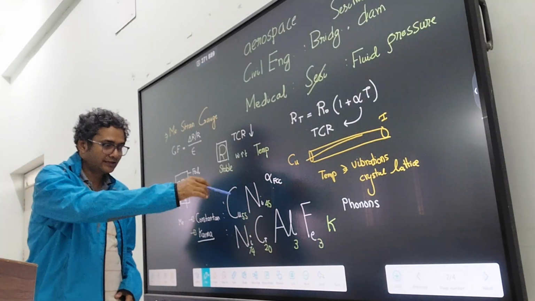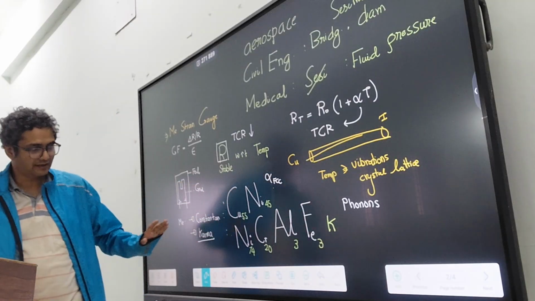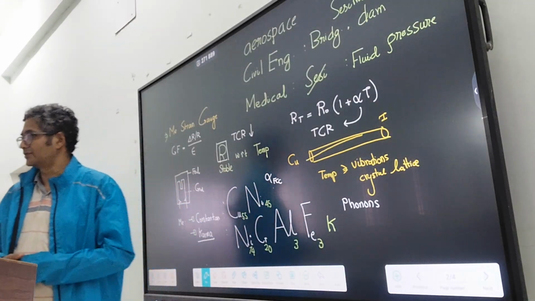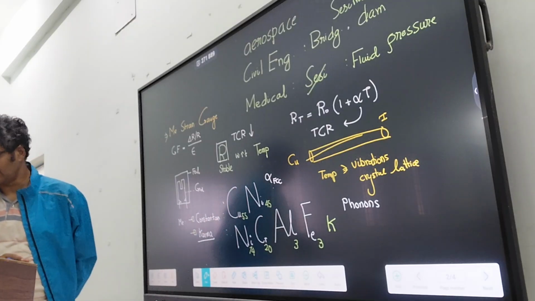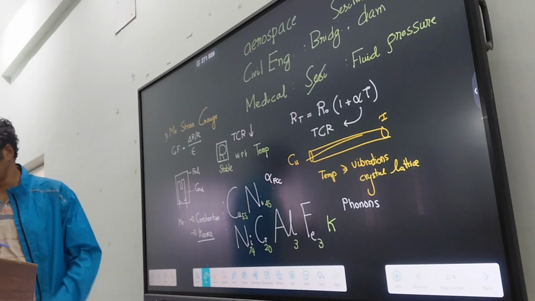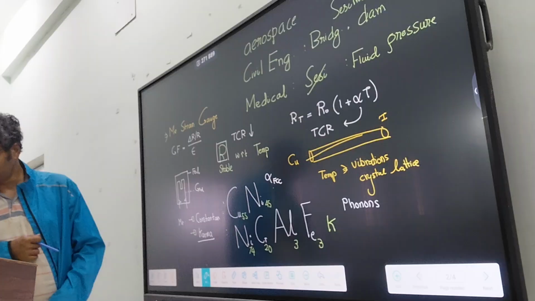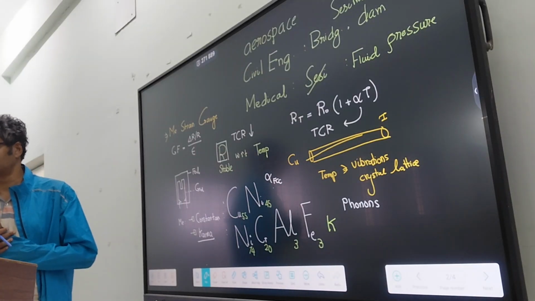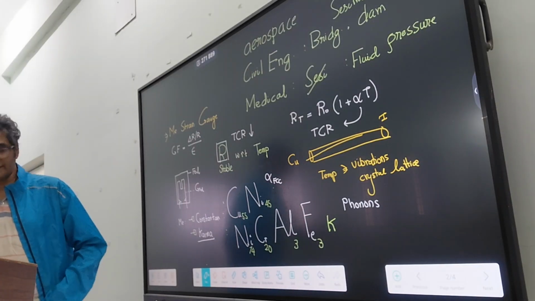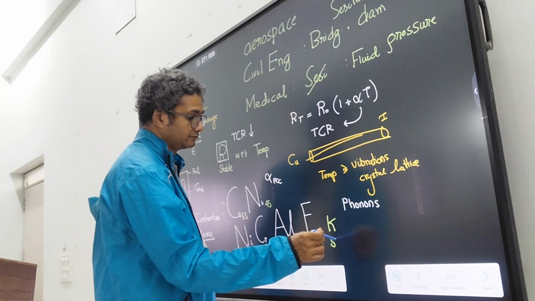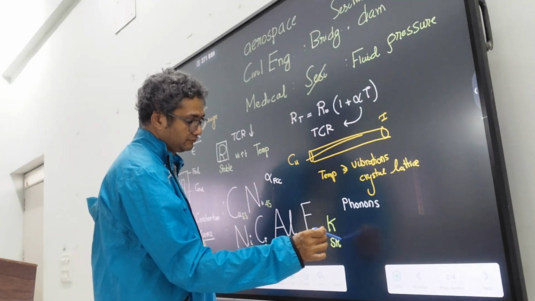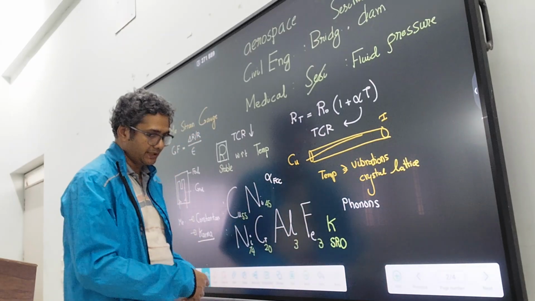Since there are different types of elements, each element has its own atomic radii, so there will be total chaos, and within that chaos there will be something called short range order. Explain it.